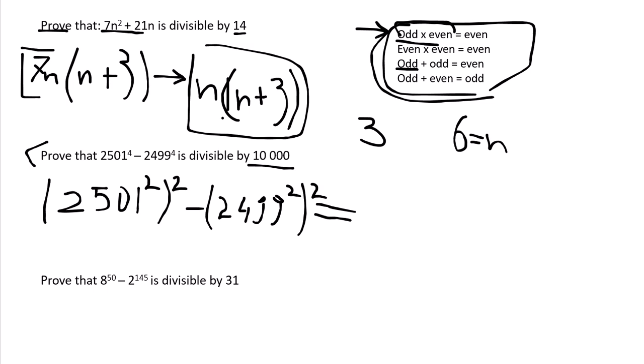From this we know that this is a difference of squares. A difference of squares is when you have a squared minus b squared, then it equals a minus b in brackets times a plus b in brackets.